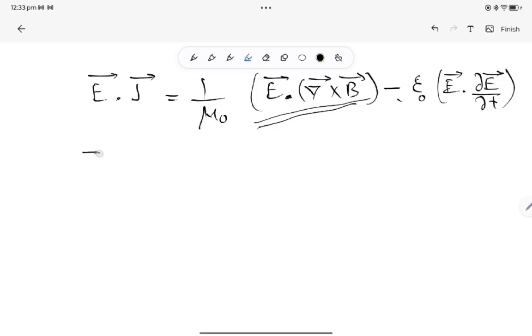That is this product rule, del dot A cross B. You may say, well sir, it doesn't have del dot, here it is E dot.